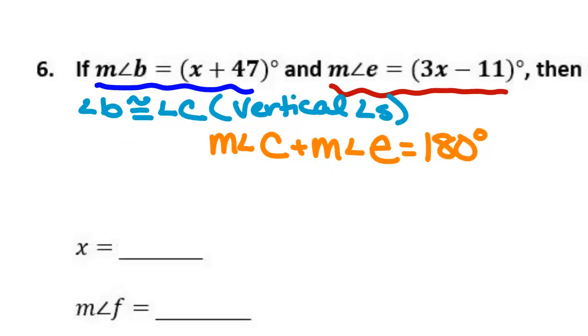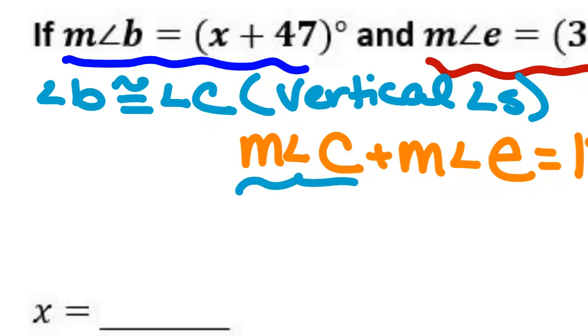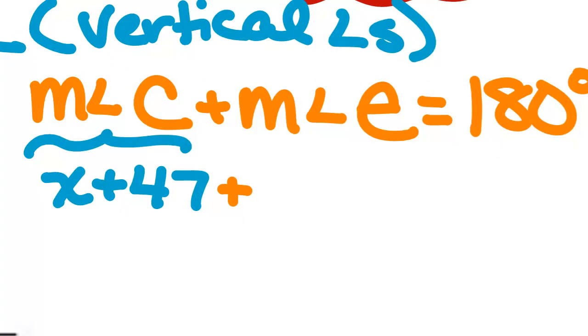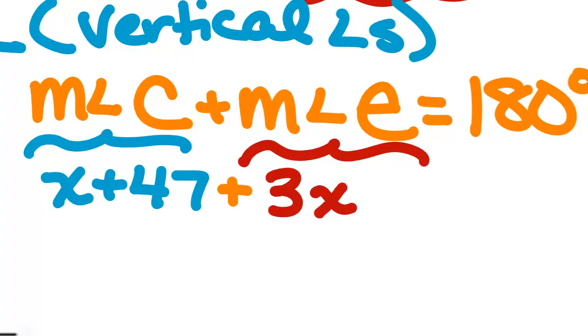Well, we said angles B and C are the same size, so in the place of C, I can put x plus 47. In the place of E, I can put 3x minus 11. That's equal to 180.